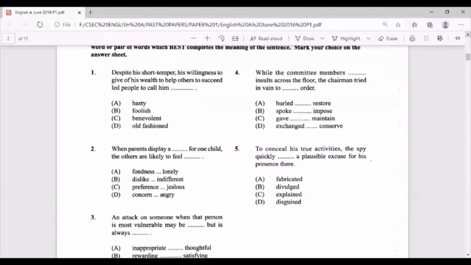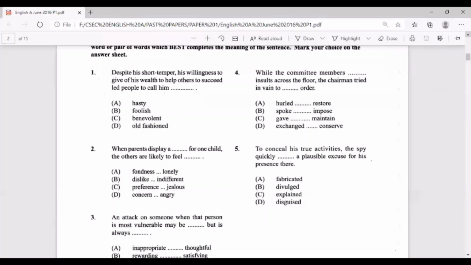Number 4, while the committee members blank insults across the floor, the chairman tried in vain to blank order. I'm sorry. So the committee members were doing something with the insults across the floor, okay?